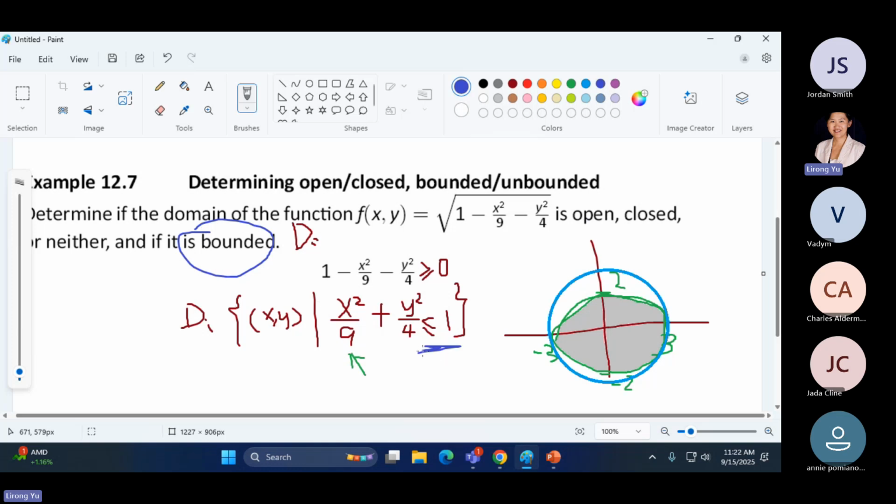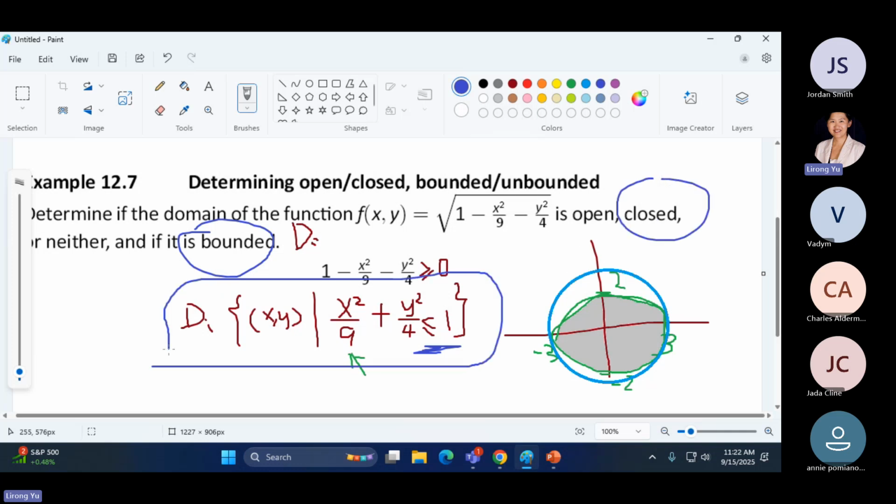Also, see that equal sign. Whenever x squared over 9 plus y squared over 4 equals 1, that is the boundary of the ellipse. So we are saying a closed set. For the domain, we're not using S, we're using D here because it is the domain. This set of points on the xy plane includes the boundary, so we have a closed set.